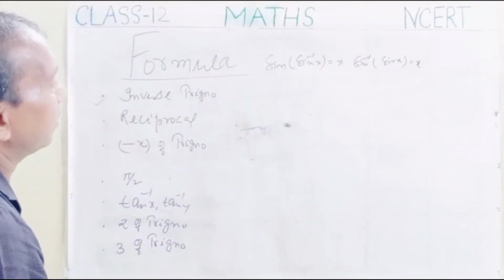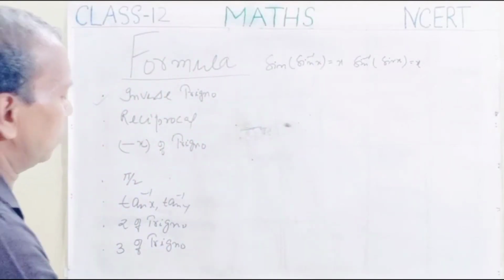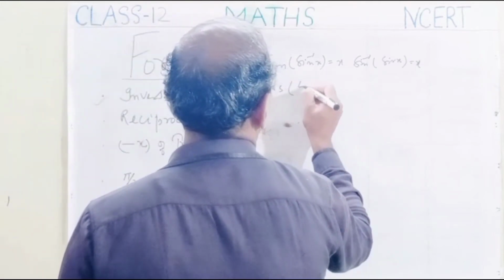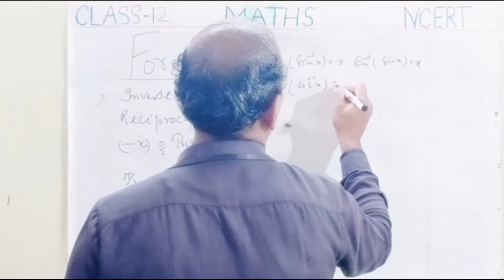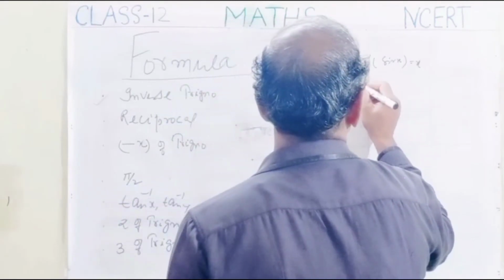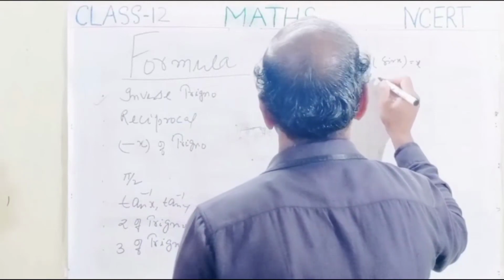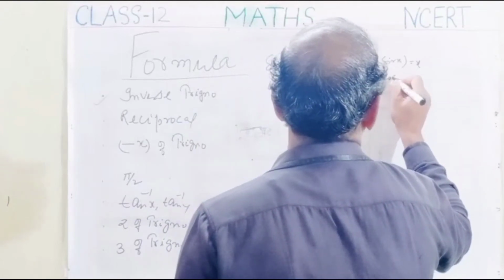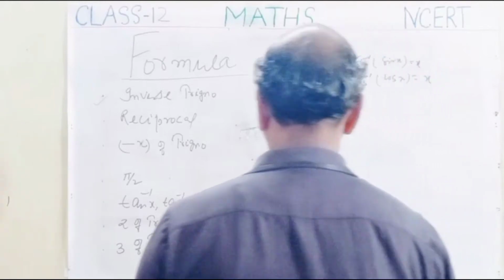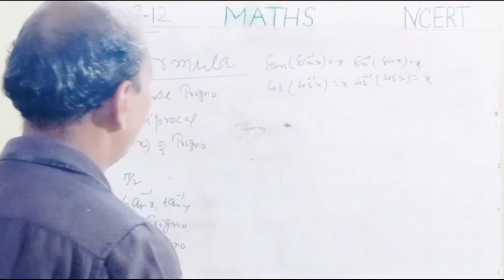Likewise, we will see the other functions also, like cos. In the case of cos, cos of cos inverse x is equal to x, or cos inverse of cos x is equal to x. Similarly for the other trigonometrical functions.